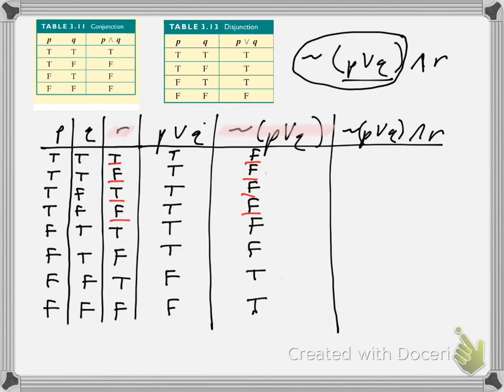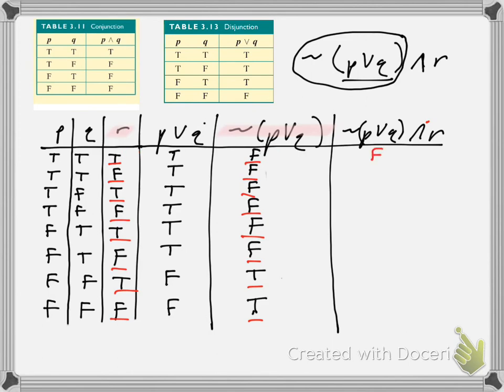I'm comparing these, right? I'm using these truth values. Remember, with an and, we're in the conjunction right now. And an and statement is only true when both are true. Otherwise, it's false.